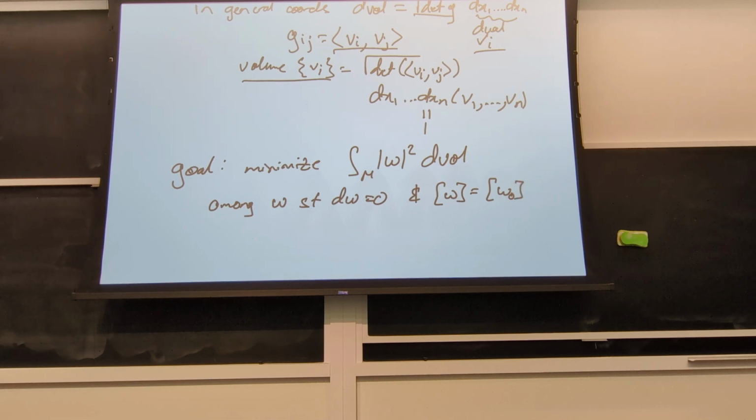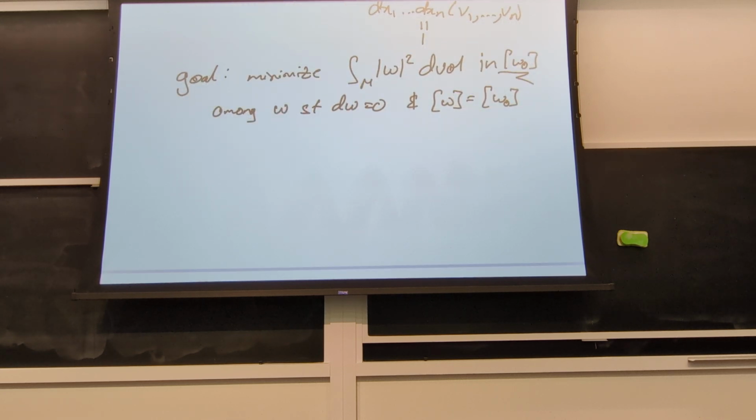So what you're finding is the minimal representative inside this cohomology class, and this will give us our special uniform representative. Cool. So how do we do this? Let me give you a quick calculus of variations primer.